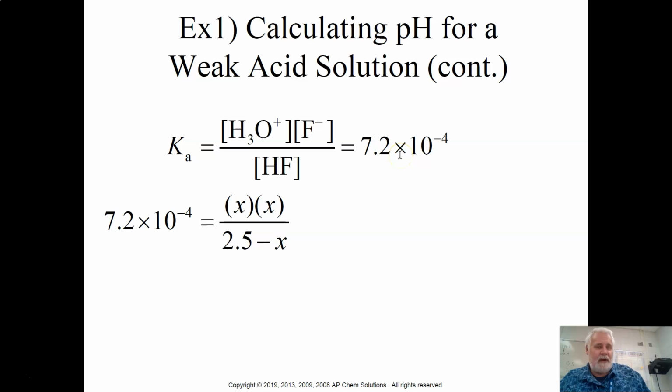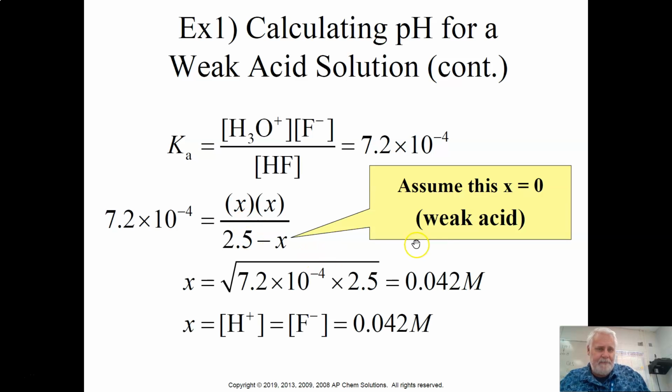So that's why we had to figure this out, so we could plug this in and solve this. Now, you could be staring at some pretty tricky math, but this is a weak acid, so we know that X, these guys, are going to be very small as products. So compared to this, if you're subtracting it, it's not going to affect it. It'll still be 2.5. So you can just leave that on the bottom.